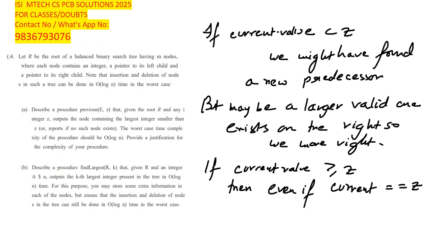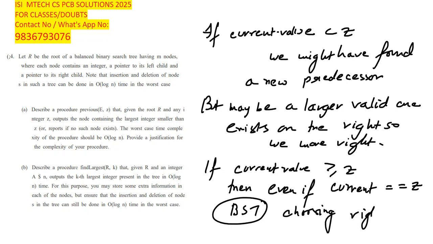So this works down a single path, choosing right or left at each step. Logarithmic height traversal, you can say.